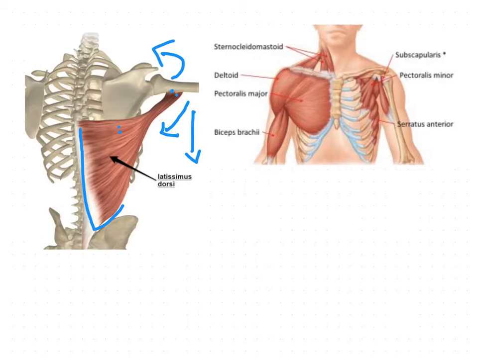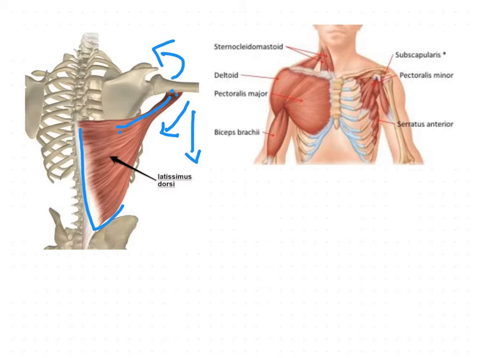So this is the attachment of the latissimus dorsi in relation to the shoulder complex. The latissimus dorsi can also adduct and depress the scapula and shoulder complex.